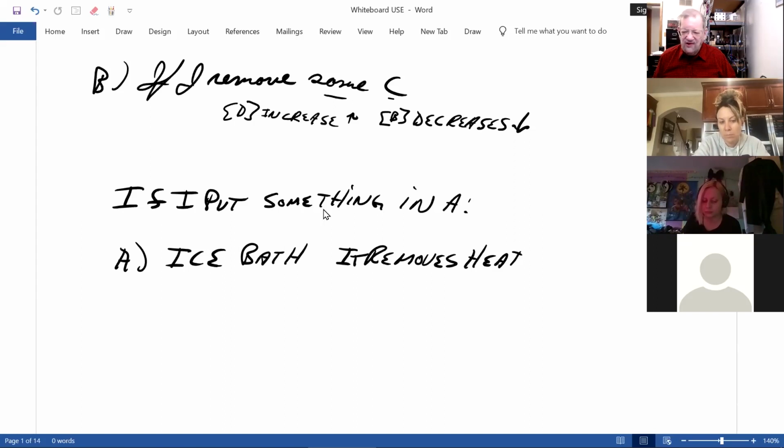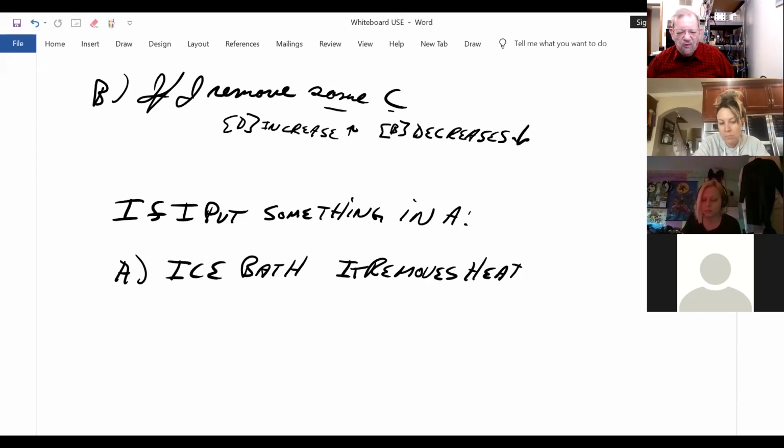It removes heat. Whenever you make something cold, you're removing heat. If you go outside in the middle of winter without a jacket on, you're going to get cold. Why? Because the heat from your body is leaving you, and that makes you feel cold. So an ice bath, you should remember, removes heat.